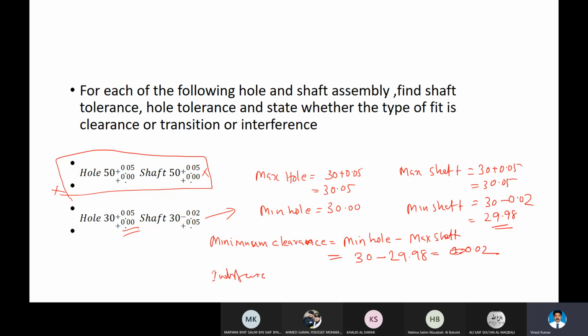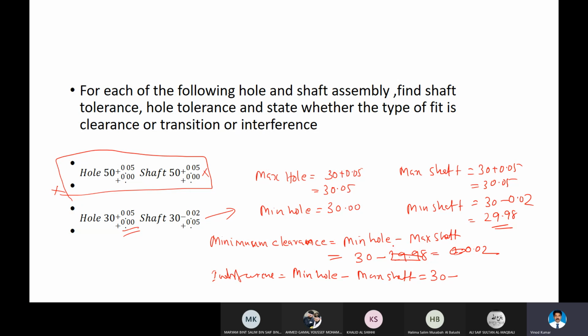Now I go for interference. Interference equals minimum hole minus maximum shaft. Minimum hole is 30. Maximum shaft is how much? Sorry, I made a mistake here. This is not 29.98, this is the maximum shaft.